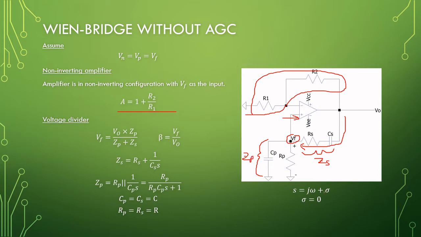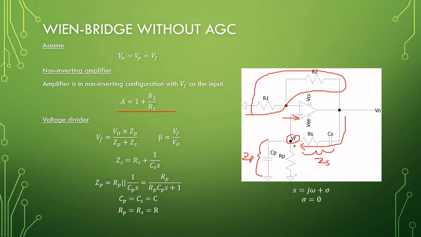Okay, and I'm going to use Laplace, where s takes the place of j omega plus sigma, where sigma is 0, just to make these equations a little bit less complicated. So for the series impedance, we have Rs plus 1 over Cs, and for the parallel, we have Rp parallel to 1 over Cp s, which you can simplify.